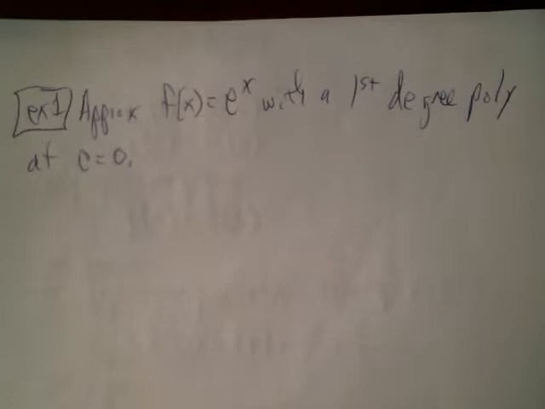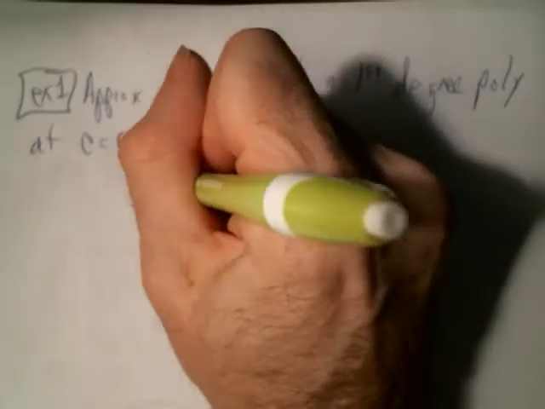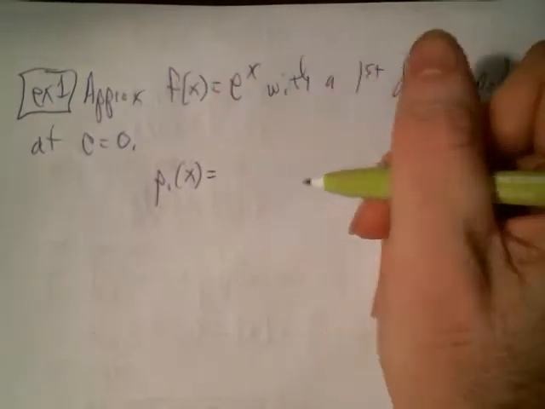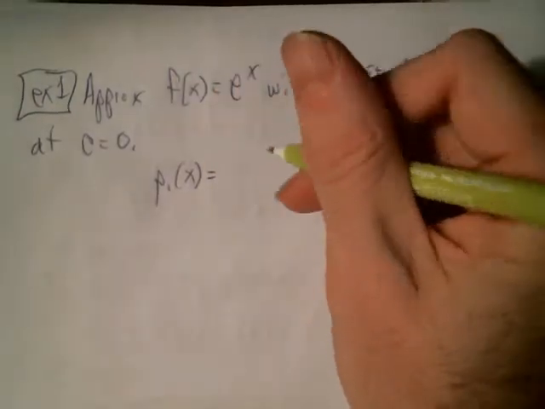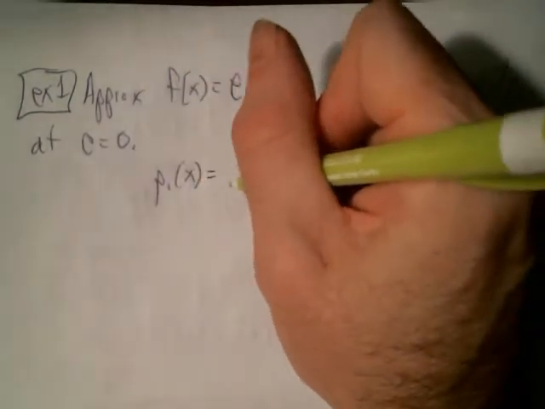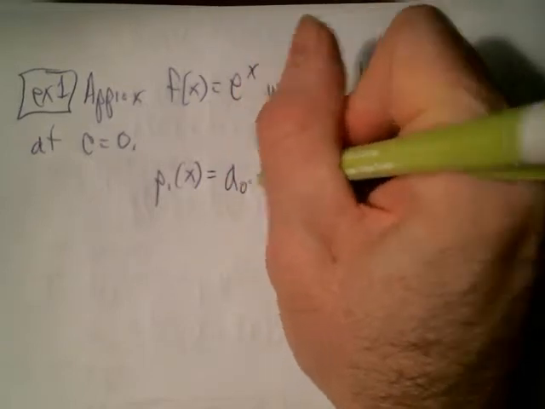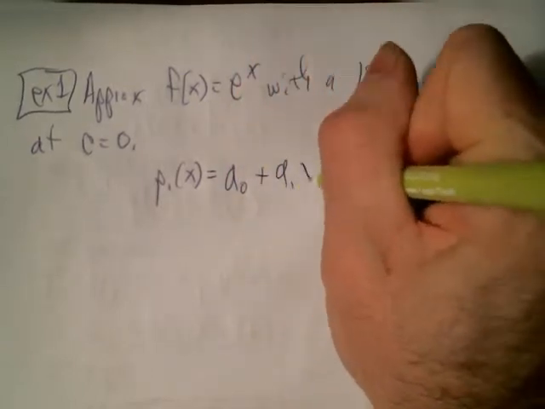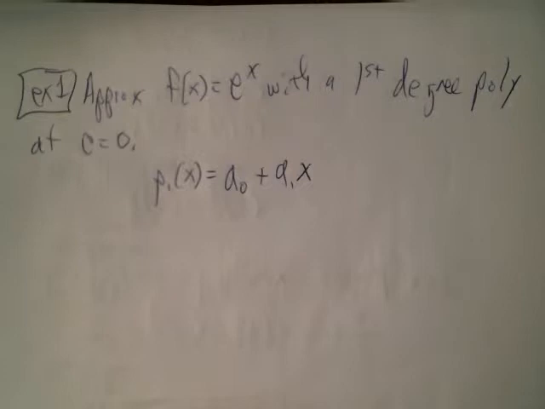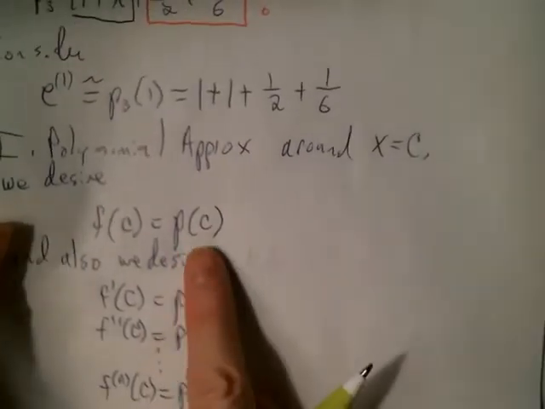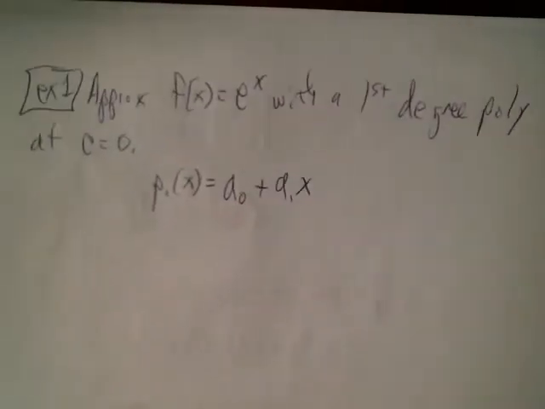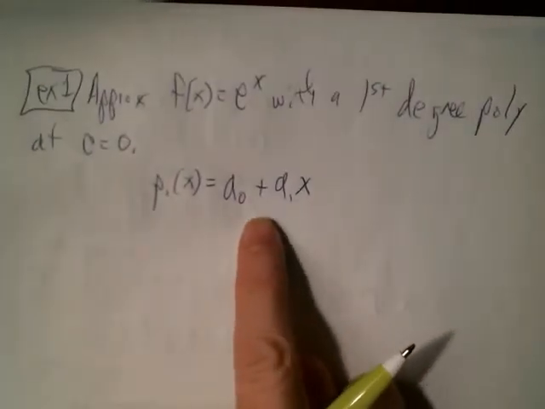Okay, so first, what does a first degree polynomial look like? We'll notate it p sub 1 of x, and we'll give the constant terms names. Instead of mx plus b, we're going to write it a sub 0 plus a sub 1x. From above, these requirements are going to allow us to solve for these coefficients a sub 0 and a sub 1.